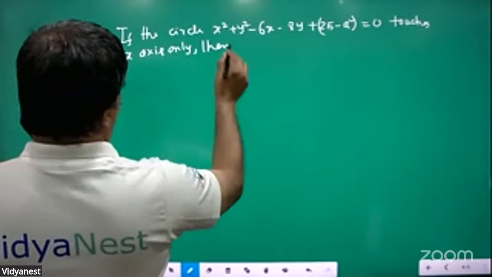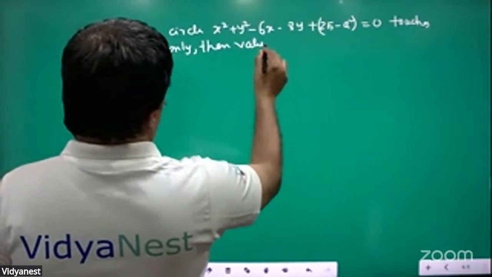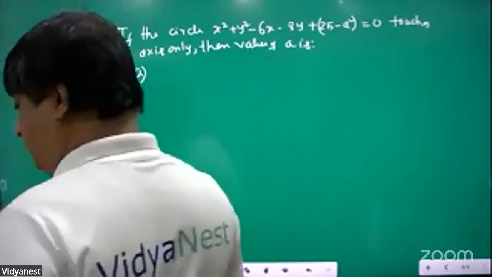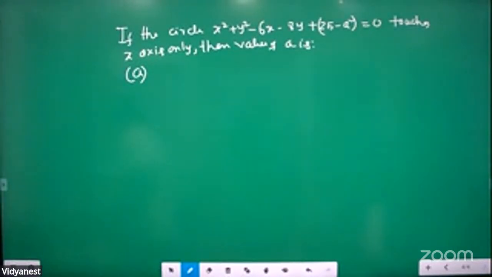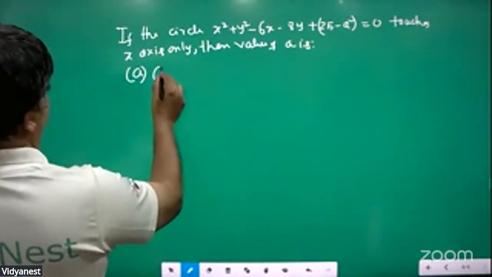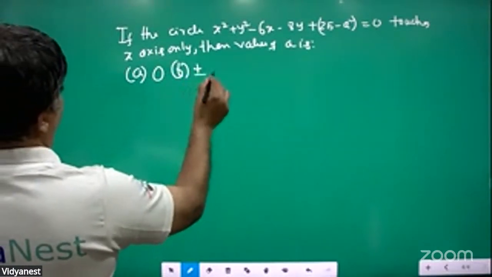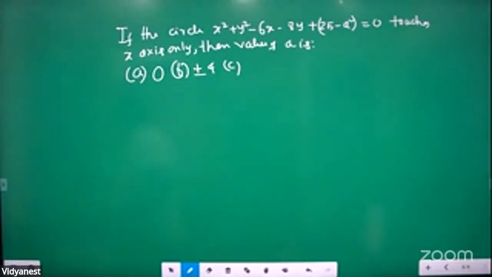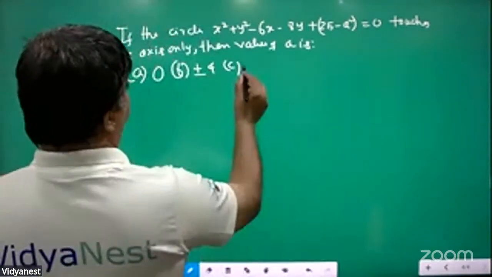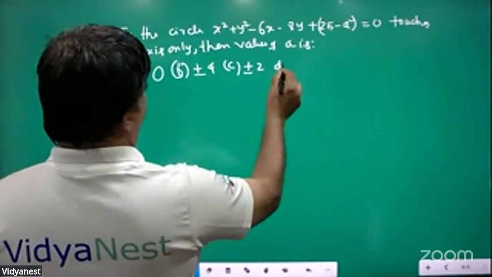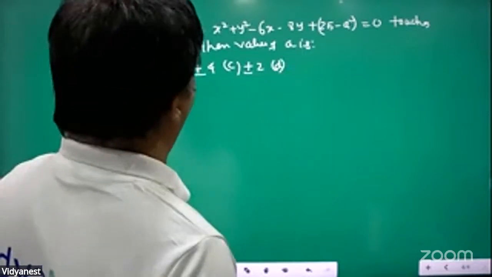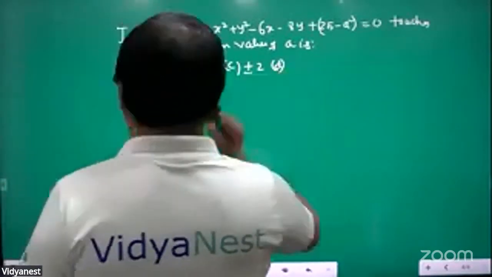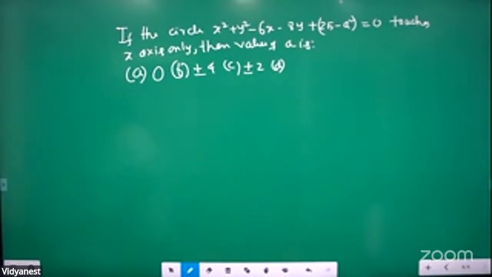Then the value of a is... there are 4 options: a) 0, b) plus minus 4, c) plus minus 2, d) plus minus 3.